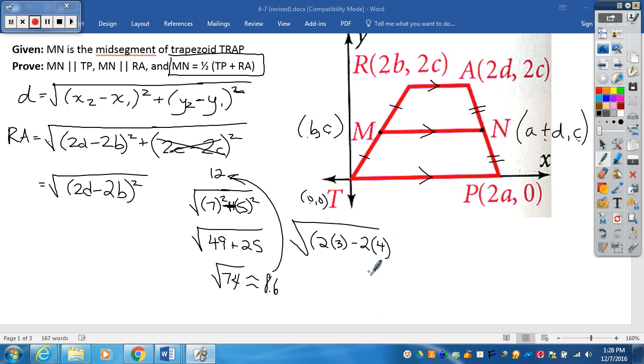Oh, I can't do that. Let's say this is 5. Okay? I can't have a negative underneath the radical, and you'll learn about that next year. Okay? And so from here, if I can cancel out the square and square root, this would be 10 minus 8 to give me an answer of 2.